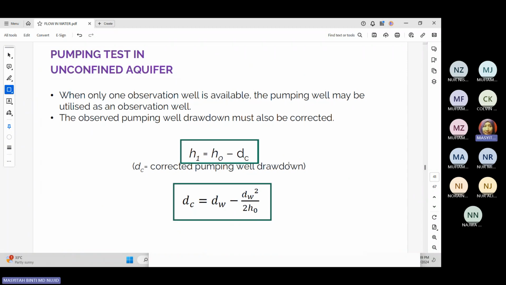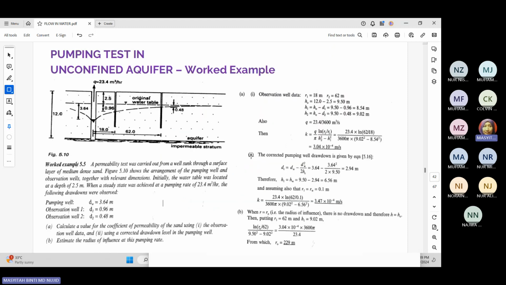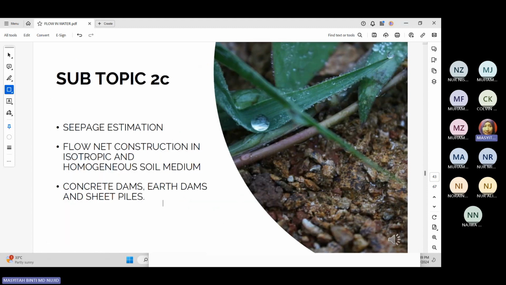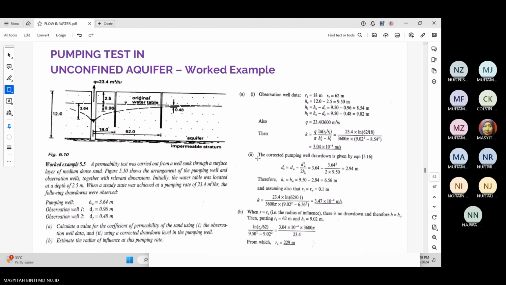Okay, this is also another formula untuk corrected K. Okay, we go to one example here. Dalam this example untuk pumping test in unconfined aquifer, you can see that there's an original water level, kemudian they also indicate the height of water level in the observation well.